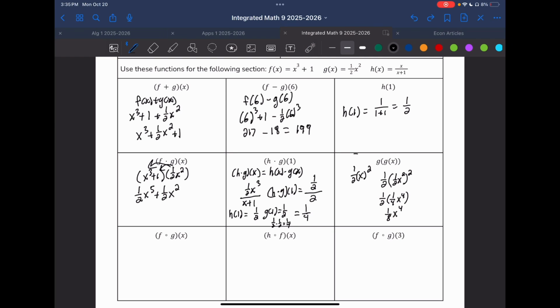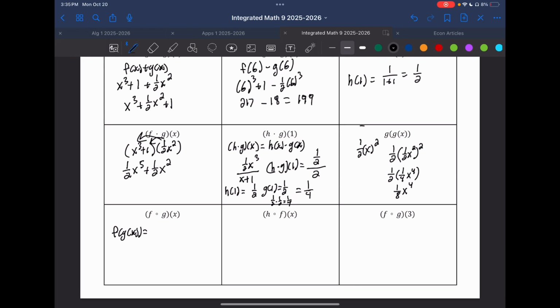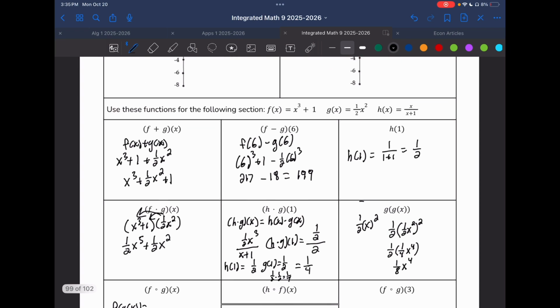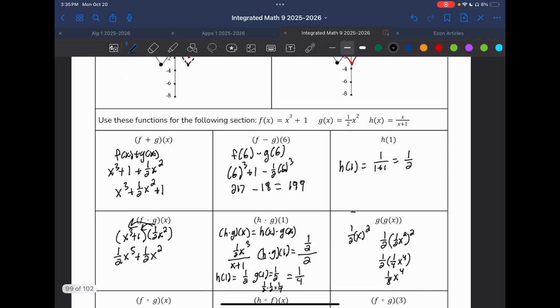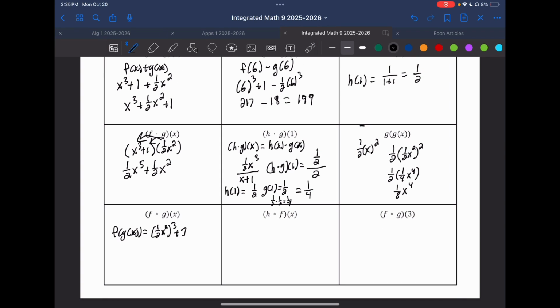So that means f of g of x is going to be equal to 1/2 x squared, cubed, plus 1. So the result is going to be 1 over 8 x to the 6th plus 1.